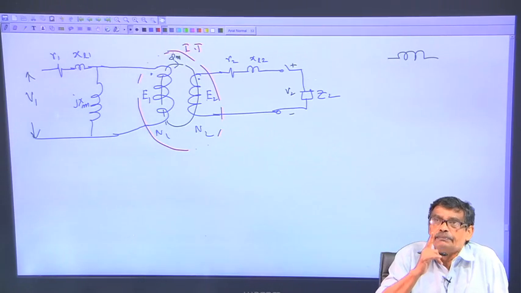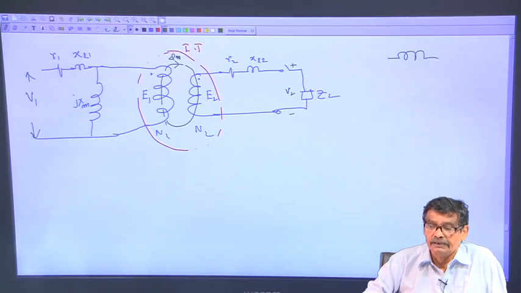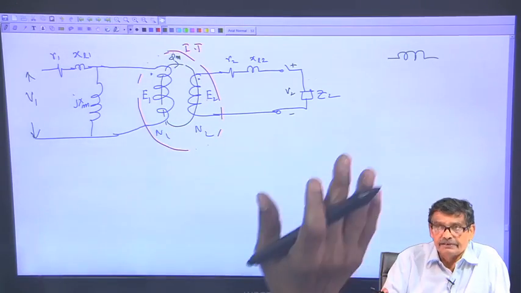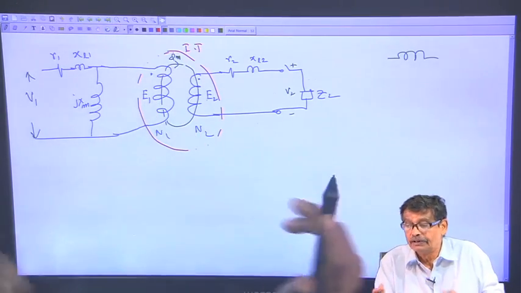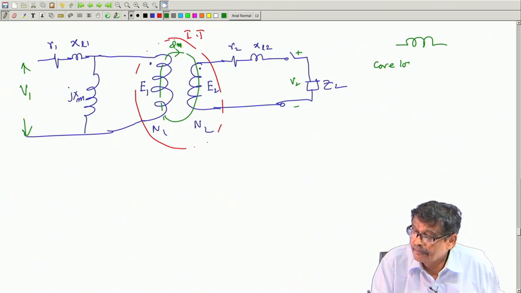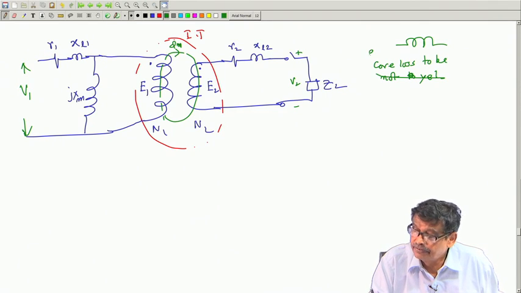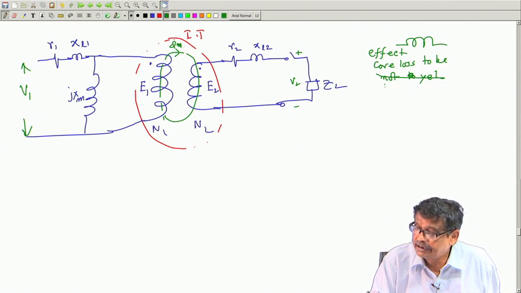Only one thing I have yet to take, that is called the core losses, that I will discuss, but so far core loss is not yet taken into account, to be taken into account.